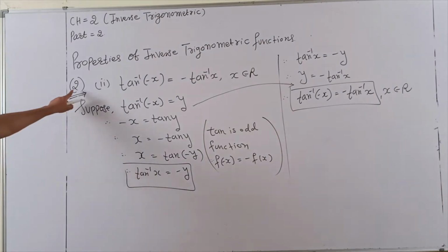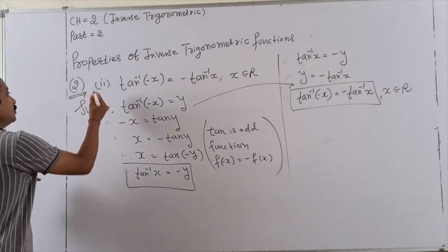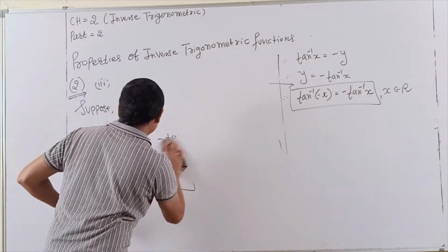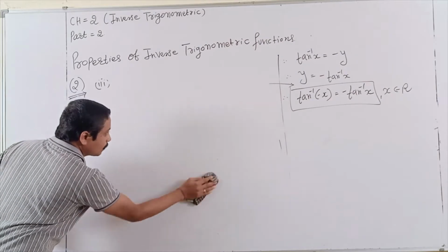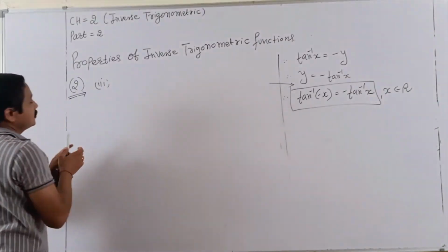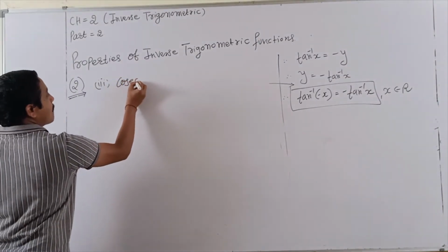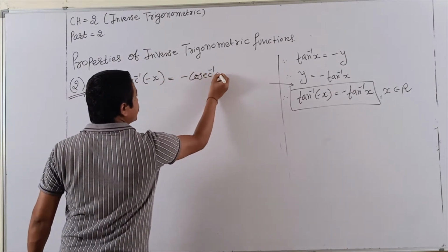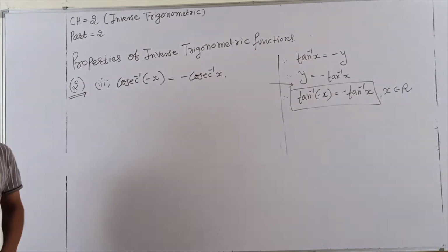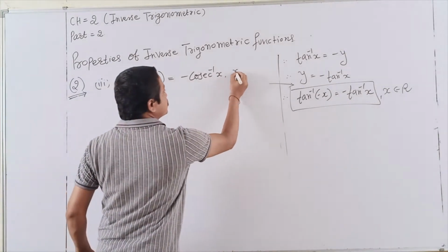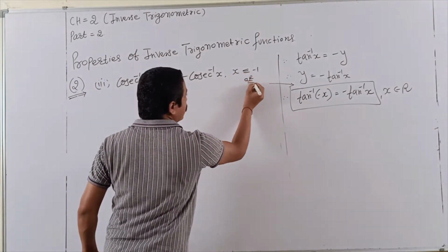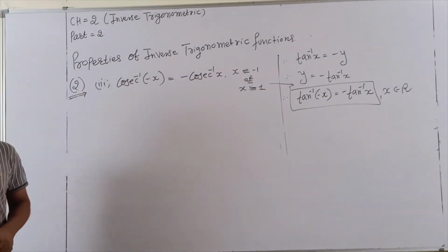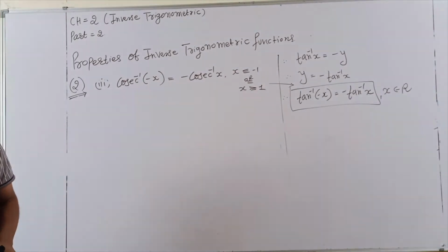Now continue, students, with theorem 2, property number 3: cosec inverse of minus x is equal to minus cosec inverse x, in the range x less than or equal to minus 1 or x greater than or equal to 1.